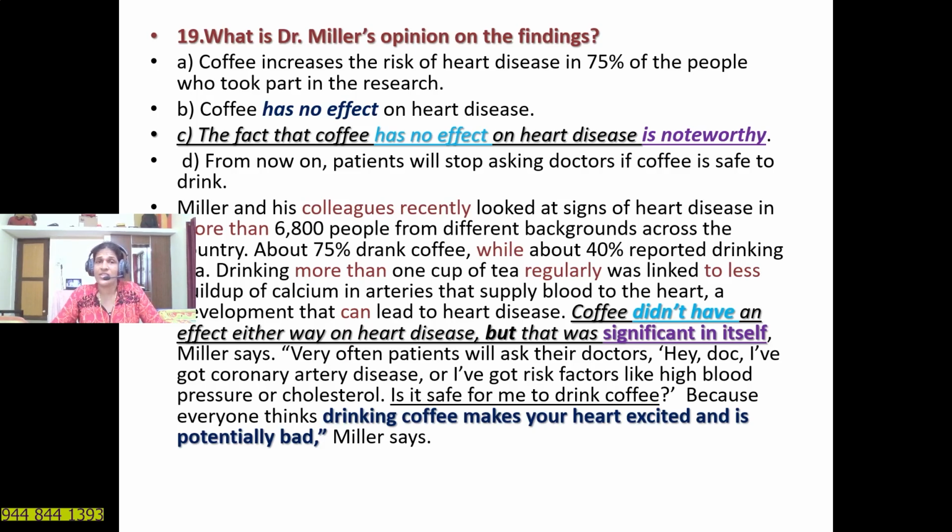Why? Let's see one by one. Coffee increases the risk of heart disease in 75% of people who took part in the research. Do they say that? No. They tell about 75% drank coffee. They're telling the number of people who drank coffee and the number who drank tea. But they don't say heart disease is there in these people.